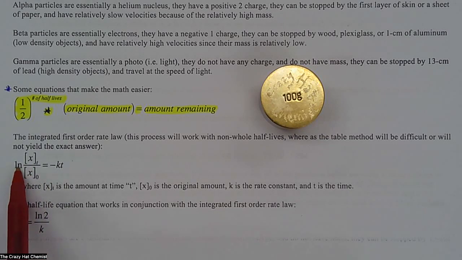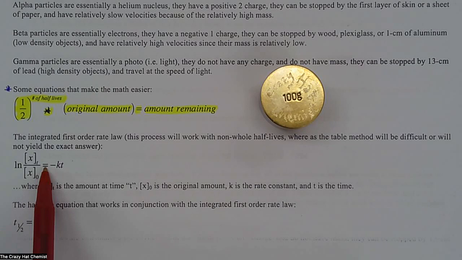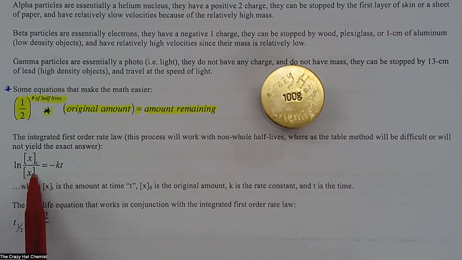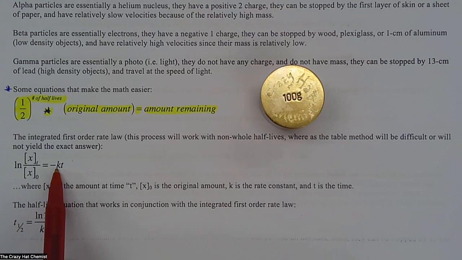This is the natural log of x sub t, the concentration at time t, divided by x sub naught, the concentration at time 0, is equal to negative kt. So x sub t is the amount at time t, x sub naught is the original amount, k is the rate constant that will be per unit time, and t is the total amount of time.